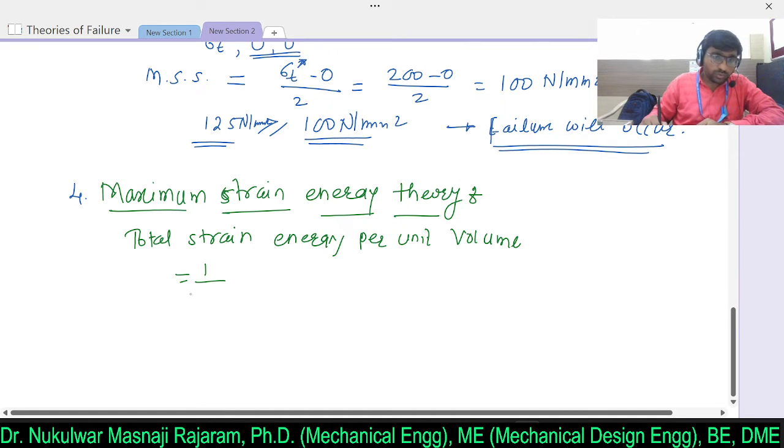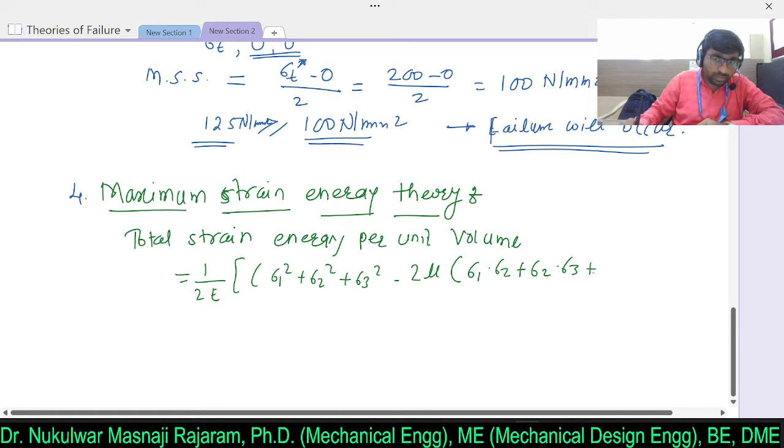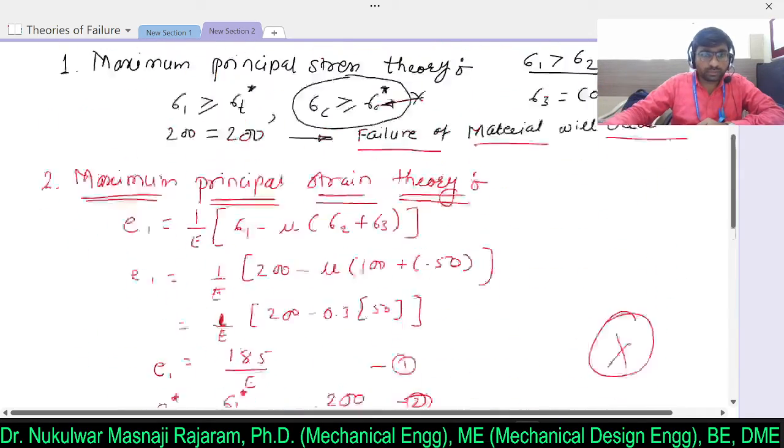1 upon 2E equal to sigma 1 square plus sigma 2 square plus sigma 3 square minus 2 mu into sigma 1 into sigma 2 plus sigma 2 into sigma 3 plus sigma 3 into sigma 1. So this is the equation. Clear? I will just put all the information over here. 2E, bracket 200 square plus sigma 2, how much is sigma 2?